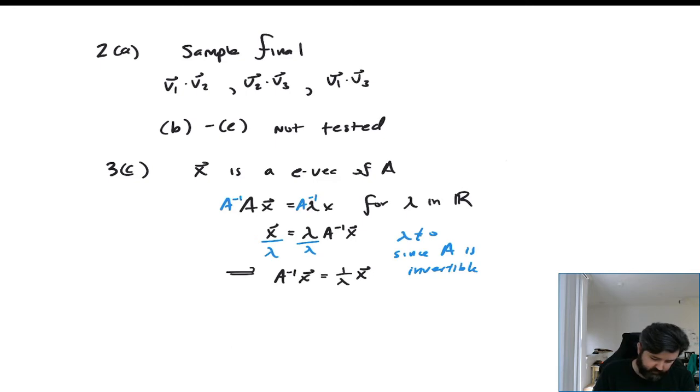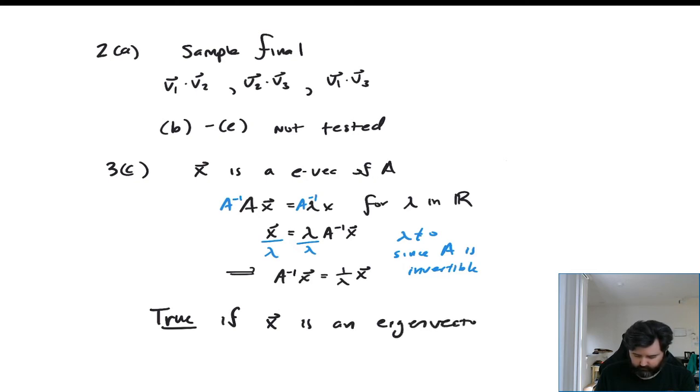And the reason why it's true is, if x is an eigenvector of A, then Cx for C not equal to 0 is an eigenvector of A, right?